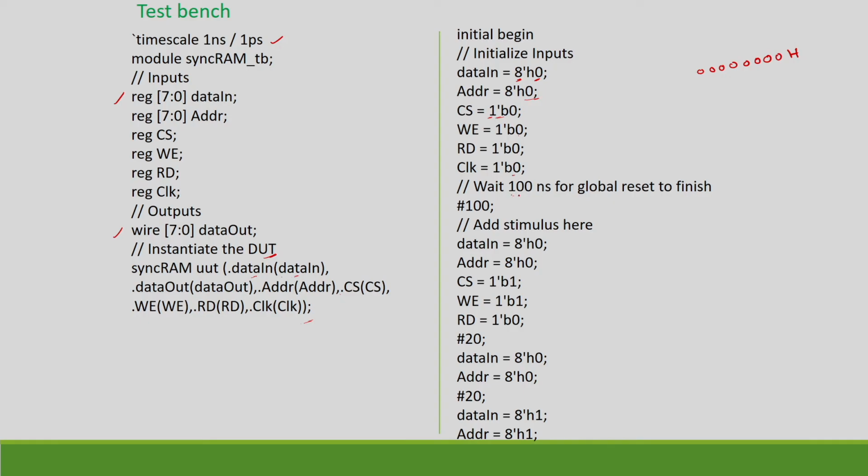We will wait 100 nanoseconds for the reset, because chip select 0 means it is some sort of reset operation. Then after 100 nanoseconds, I will take data in as all zeros, address also all zeros, the same thing, but this time chip select is 1, write is 1, read is 0, which means this is a write operation.